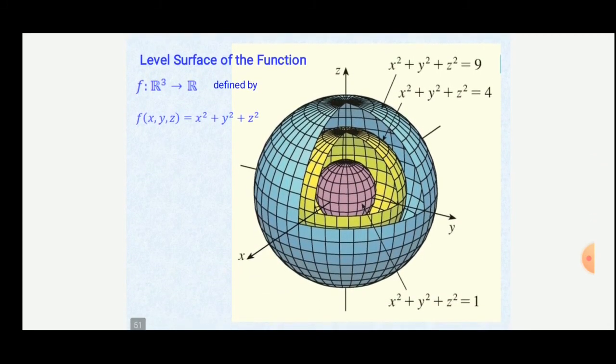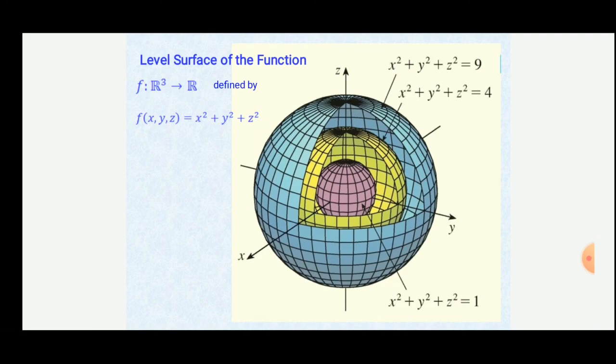And the last one is f, a 3-variable function from R3 to R defined by f equal to x square plus y square plus z square. So for a fixed value of k, for k equal to 1, k equal to 4 and k equal to 9, I will get x square plus y square plus z square equal to 1, which will be a sphere of radius 1.